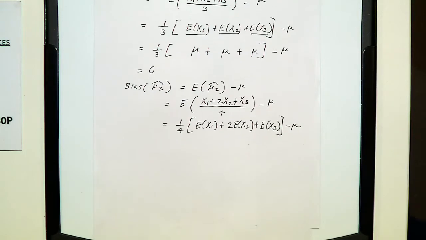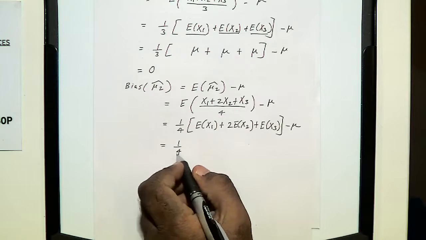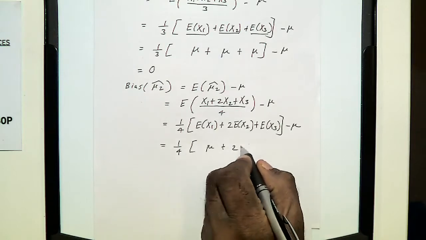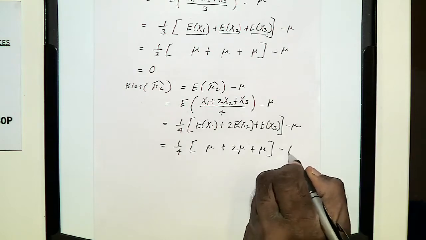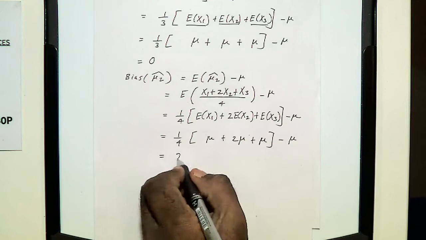Now we know that each expectation is equal to mu, so this is mu plus 2 mu plus mu, in brackets, take away mu, and once again this is clearly equal to 0.